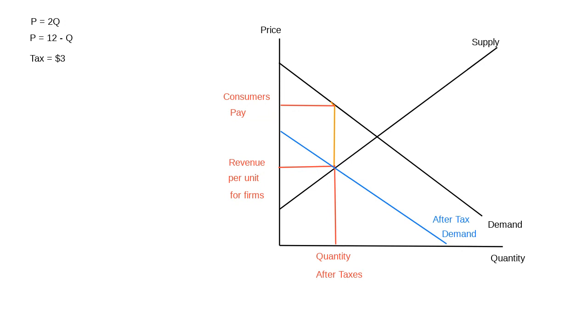The demand curve is 12 minus Q. If we want to shift it down 3 units, we subtract 3 from the entire function. We know that from algebra. Now we want to find this intersection point here. This would correspond to the after-tax demand.